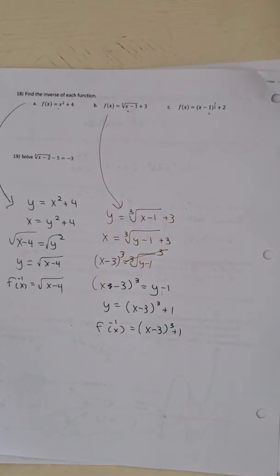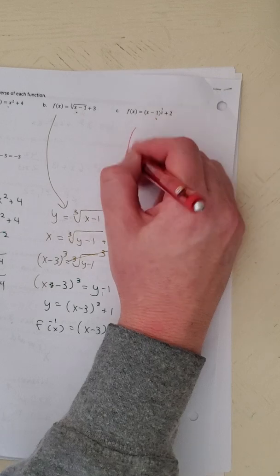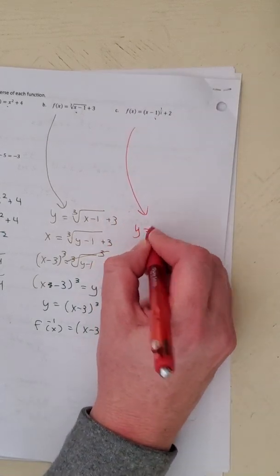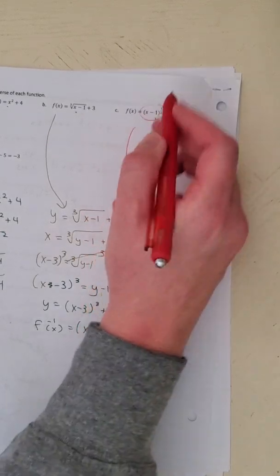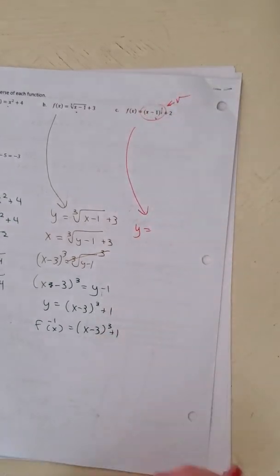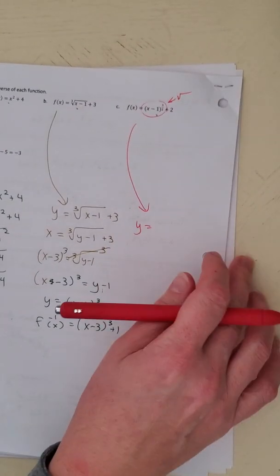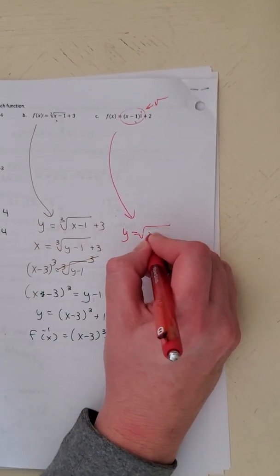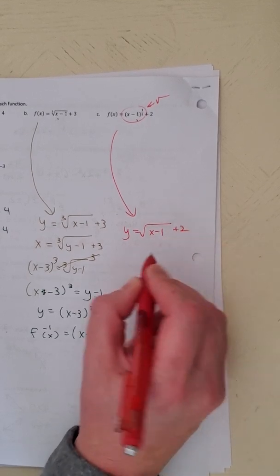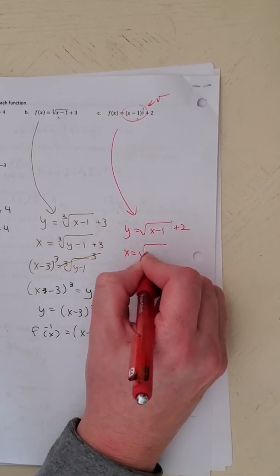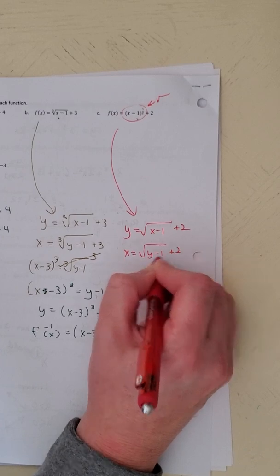All right, the last one, I'm going to rewrite it. I'm also going to change this into a square root. Remember, 1/2 as an exponent is the same thing as a square root. So this is the square root of x minus 1. Switch x with y. Solve for y.